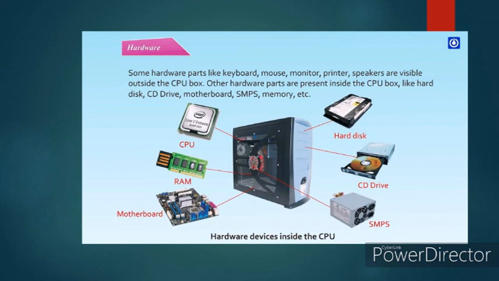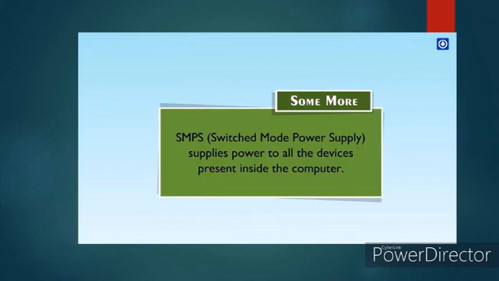Other hardware parts are present inside the CPU box, like hard disk, CD drive, motherboard, SMPS, memory. See the figure. What is the full form of SMPS? Switched Mode Power Supply. It supplies power to all the devices present inside the computer.